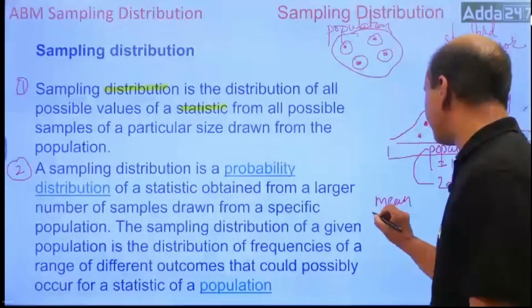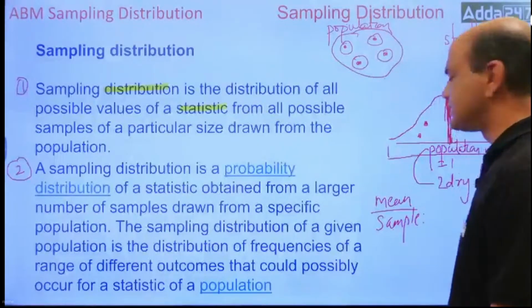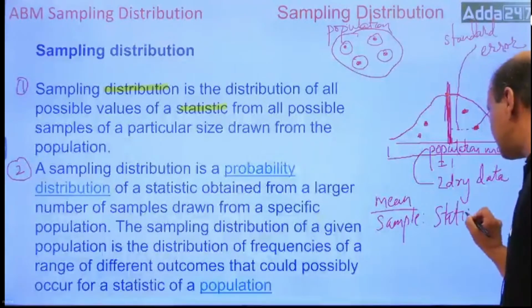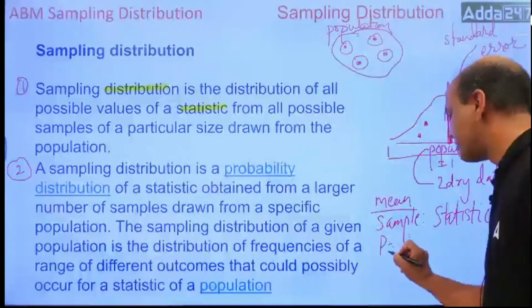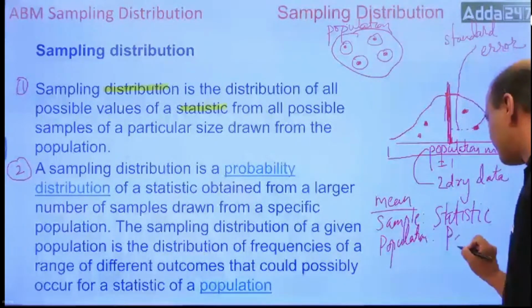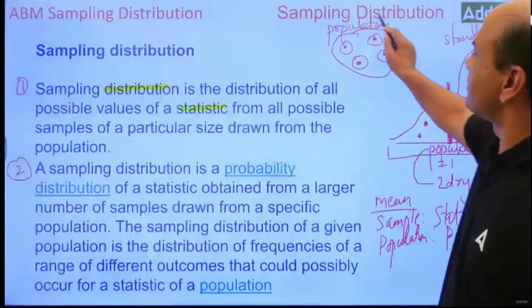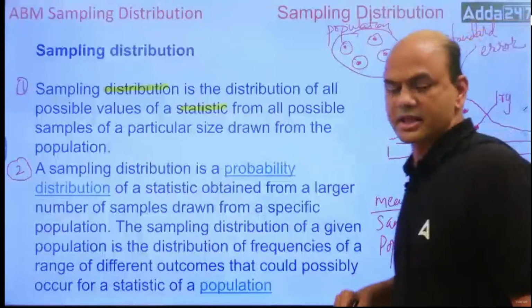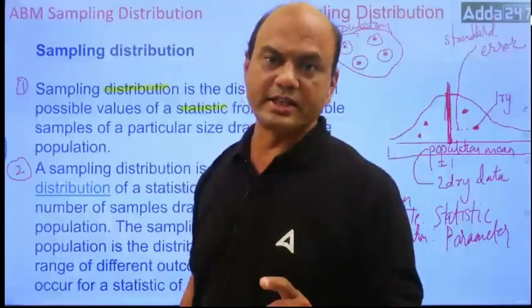If I find the mean for a sample, it will be called a statistic. See, this mean is the same. If I find the same mean for the population, then it is called a parameter. So if I find it for the entire population, it's a parameter. If I find it for a sample, it is called a statistic. Got it? Clear, everyone? Understand the words statistic and parameter.